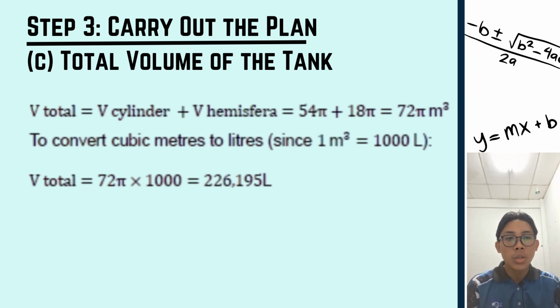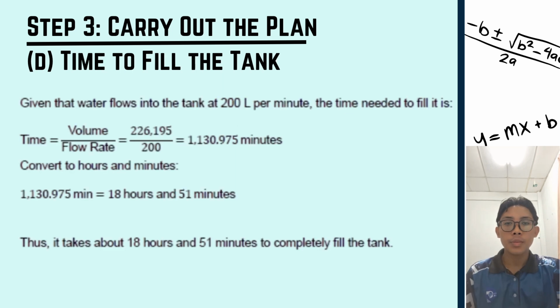Since 1 cubic meter equals 1000 liters, the total volume is 72 pi times 1000. So the answer will be 226,195 liters.